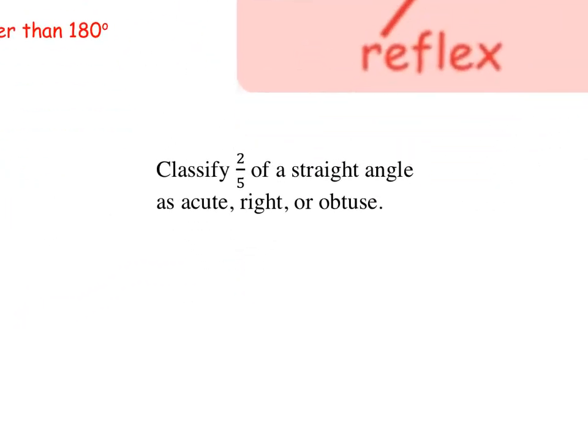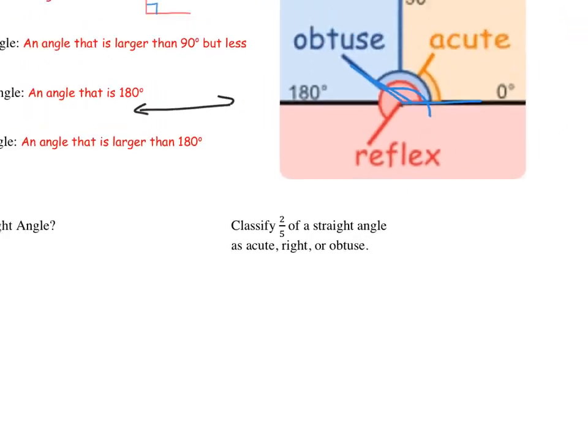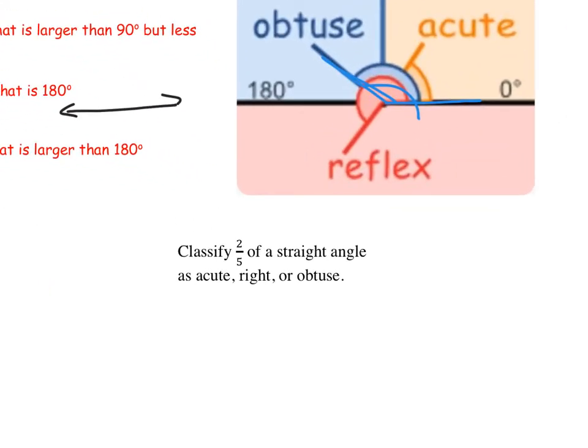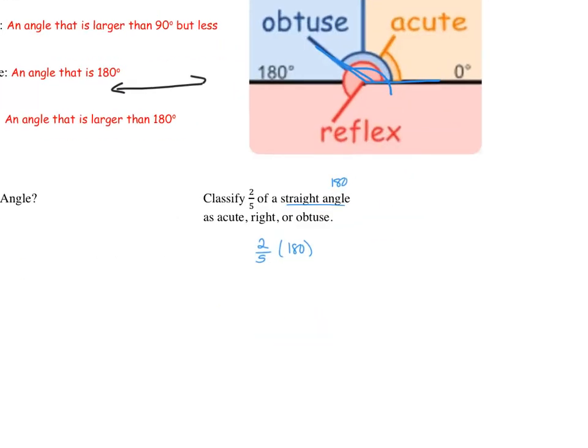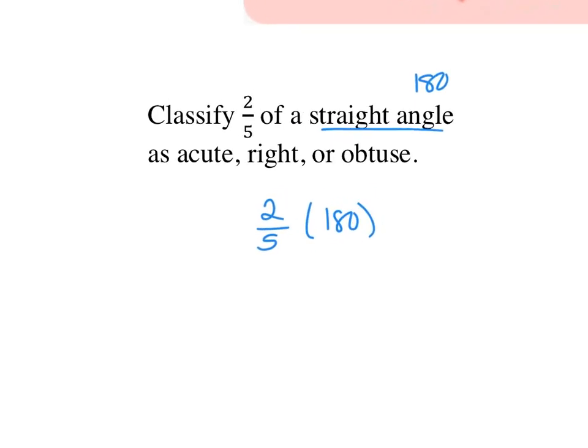Now, we want to classify 2/5 of a straight angle as acute, right, or obtuse. Well, we know a straight angle has 180 degrees. And we want to do 2/5 of 180. If you type that in your calculator, tell me what you get. You should get 72 degrees. Now I want to classify that as acute, right, or obtuse.